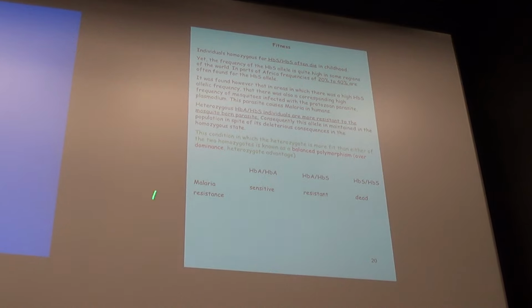So, malarial resistance: the normal hemoglobin individuals are sensitive to malaria. Hemoglobin S individuals usually die early because they cannot carry oxygen even at sea level. But then the heterozygous individual is resistant to malaria. And this is actually a form of human evolution that has taken place over the last 10,000 years, basically.